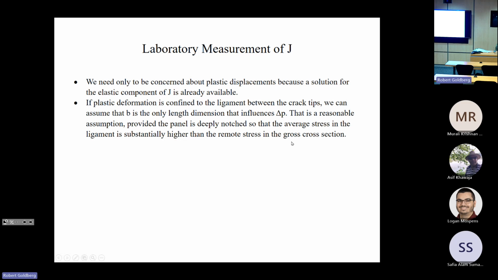Yeah. Later on in a couple weeks, we are going to talk about some specific types of tests that have been developed to measure this J term.